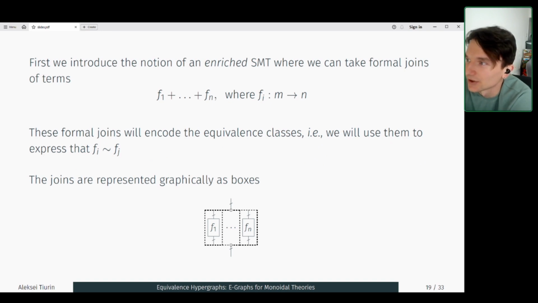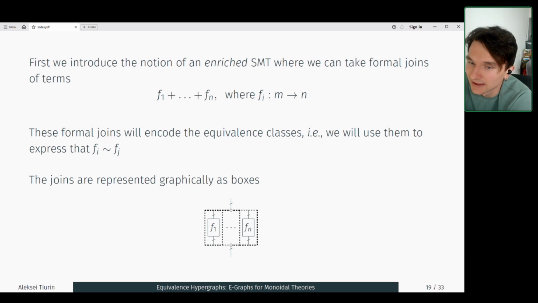We introduced the notion of an enriched SMT, where we added a generator plus, which allows us to take formal joins of several terms if they have the same type. So all of them should have the same number of inputs and the same number of outputs. And this formal join allows us to encode the equivalence classes. We use this formal sum to express that all of these terms are equivalent.